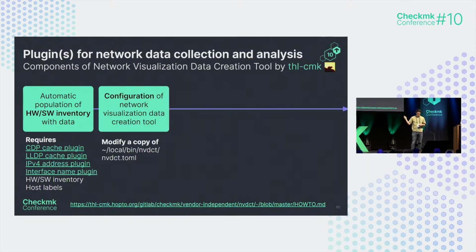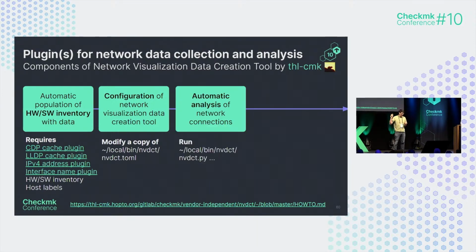And if you then also activate host tables with it, you can then start using the tool. First, you have to configure it. You have to at least add the seeds for the starting points. Then you can run this automatic analysis of the network connections. The tool starts trying to match what it finds in the inventory data with what is in Checkmk.